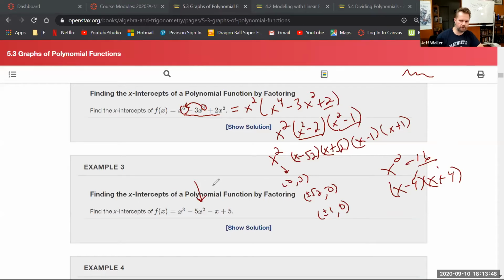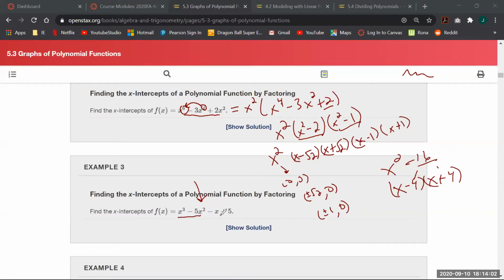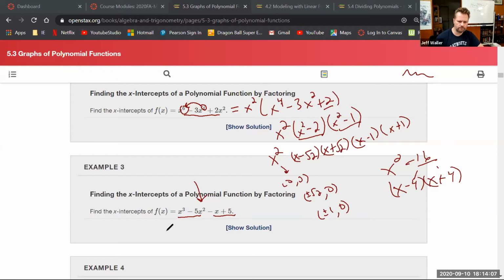What version of factoring do I use on this guy? Do we need to have a factoring day? Is that what's happening? Do you guys remember how to factor this guy? By grouping? Grouping. I love it. So what comes out of these two? X squared.